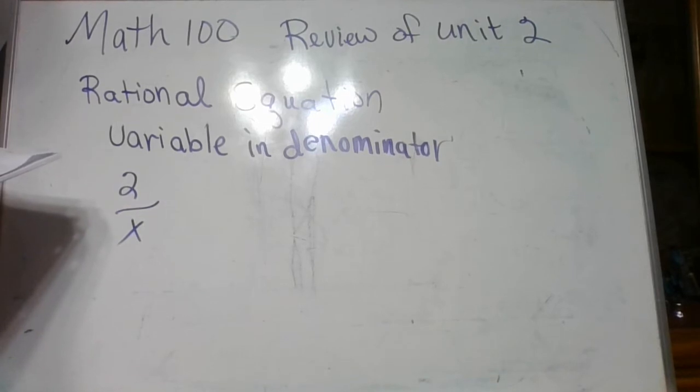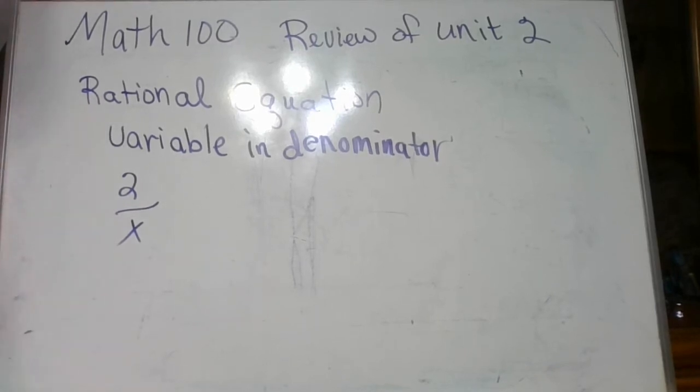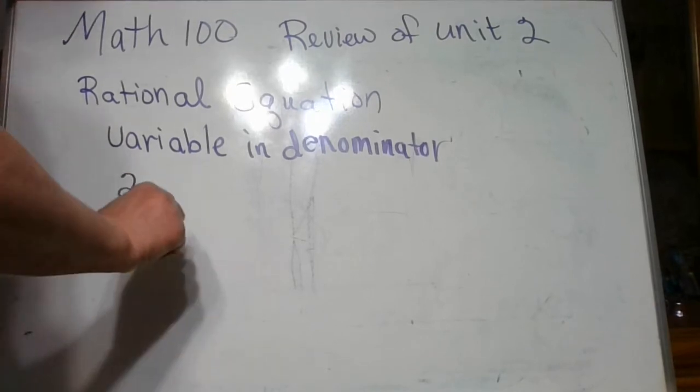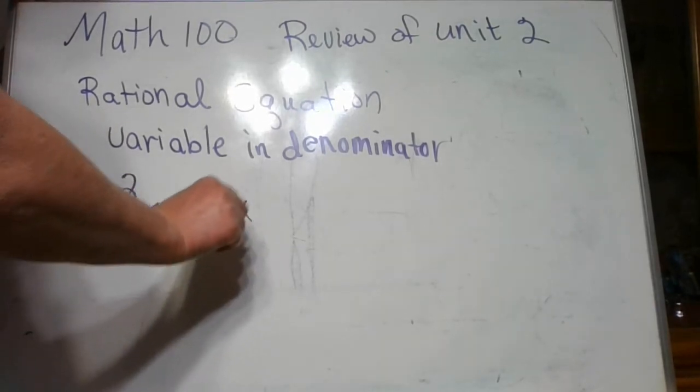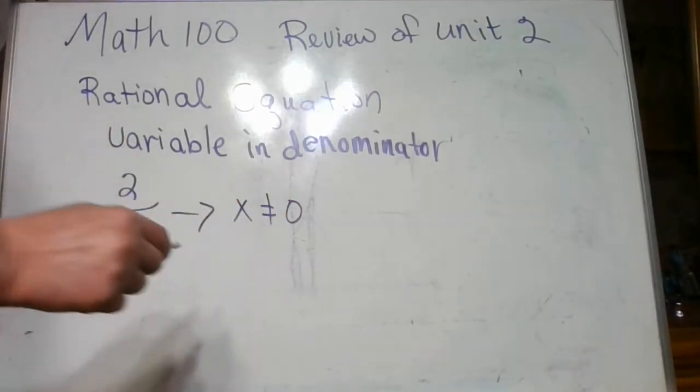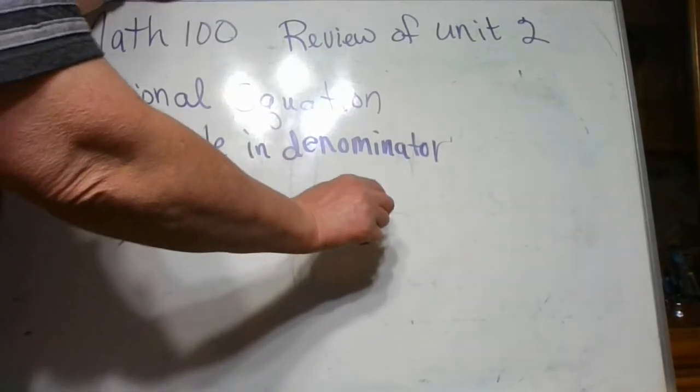And don't forget, the denominator of a fraction cannot equal 0. The values that make the denominator 0 are called restrictions. So in this case, x cannot be 0. That's a restriction.